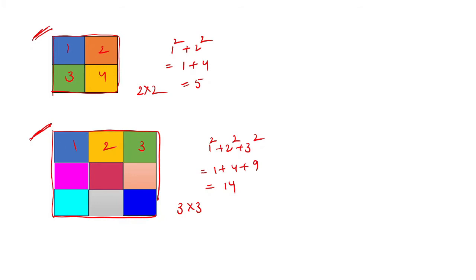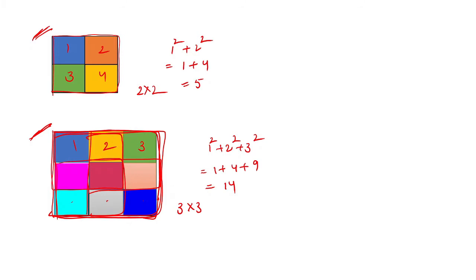Total number of squares are 14. Again, 1, 2, 3, 4, 5, 6, 7, 8, 9 and 10, 11, 12, 13 and the entire square is 14. Total number of squares present in this particular diagram is 14.